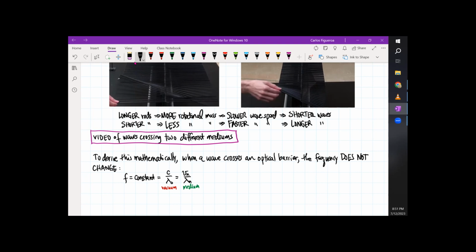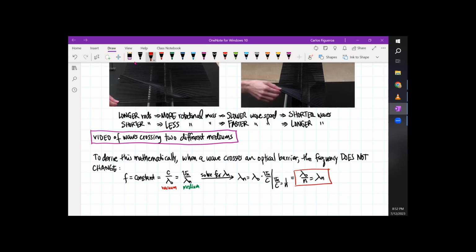And now I'm going to solve for lambda n. So if I do that, I'm going to get lambda n equals lambda naught times the ratio of Vn over c. But it turns out that Vn over c is 1 over the index of refraction, which then tells you that this is the wavelength in a medium.